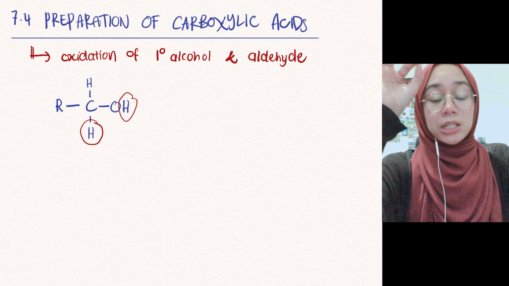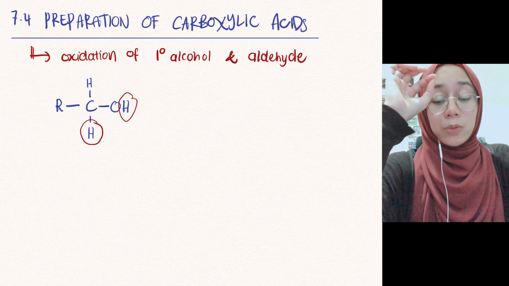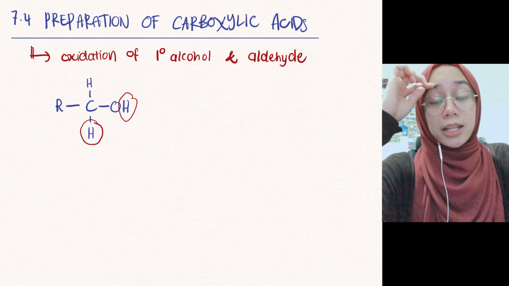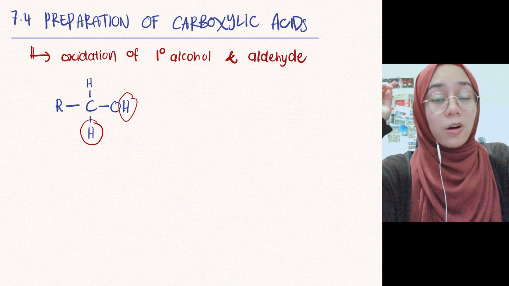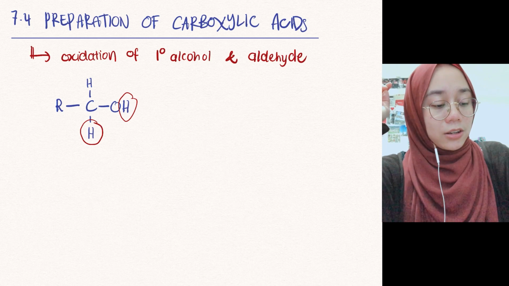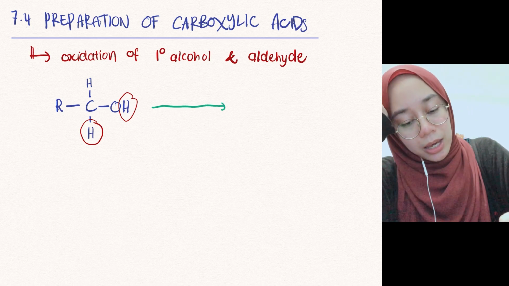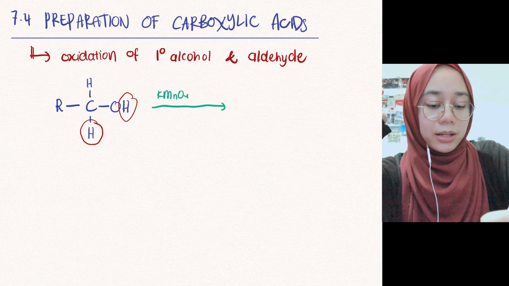So in order for us to specifically produce carboxylic acid, we have to use a strong oxidizing agent. Okay, so for example, we use KMnO4.